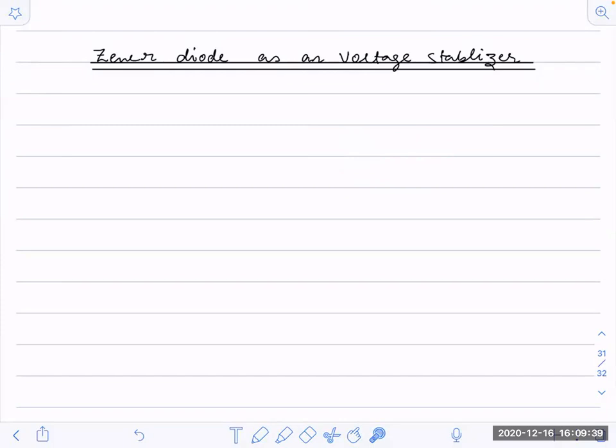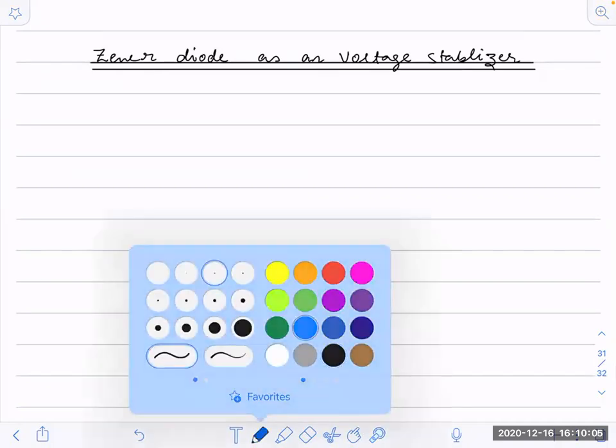So only this topic is left for us, and this is a different stabilizer. Don't get confused that this is the same stabilizer that you use in your houses for the AC and refrigerator. No, that is using a transistor. This is using a Zener diode. Both are entirely different things. So don't get confused here.